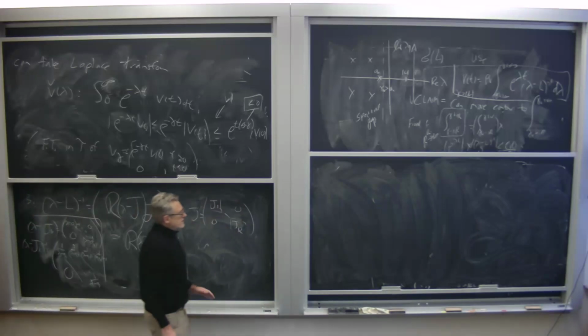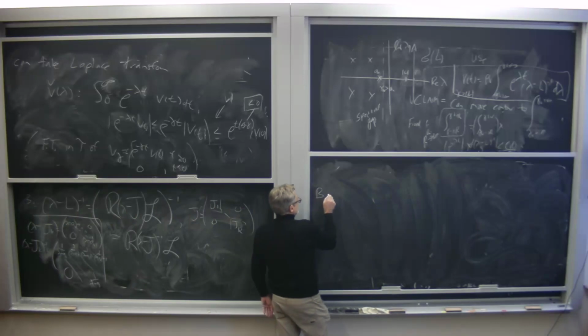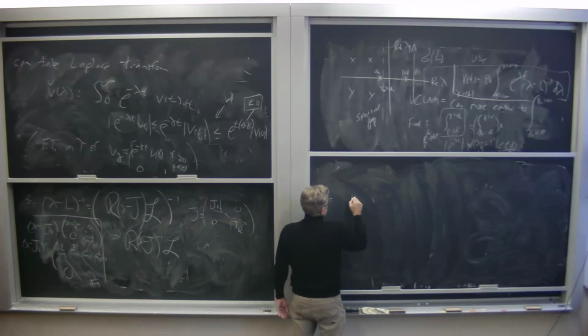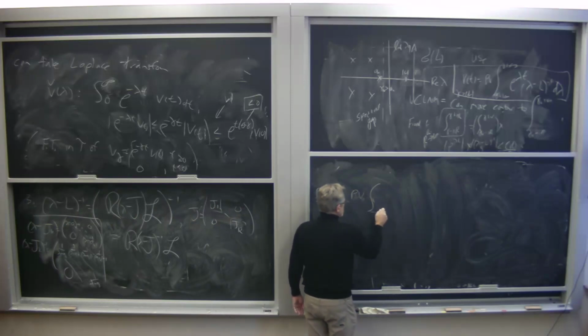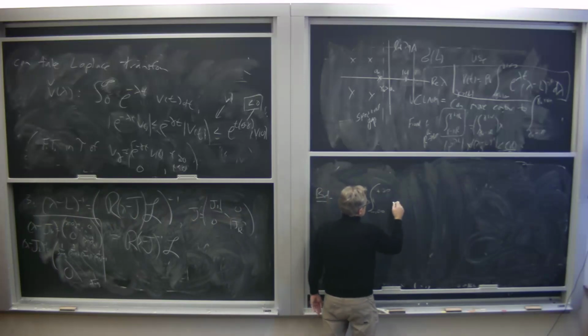Okay, now I would like to bound. So my bound would be: I have the principal value integral from minus i infinity to plus i infinity of e to the lambda t.